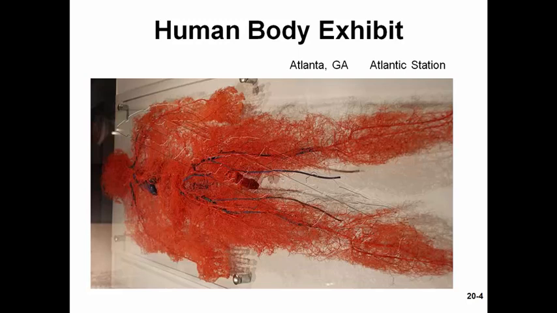If you notice, the human body exhibit in Atlantic Station in Atlanta, Georgia, has on exhibit all of the major arteries and vessels in the body isolated. They're all color-coded, and these particular ones are the red arteries and the capillaries. Some of the veins are left there, and you can notice that those are blue, but they've plasticized these.